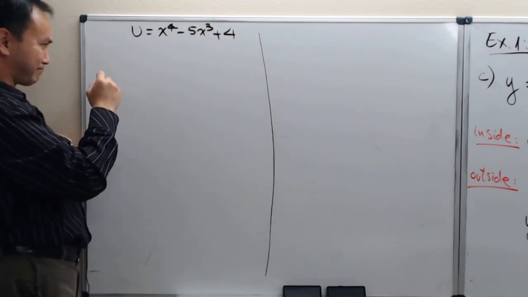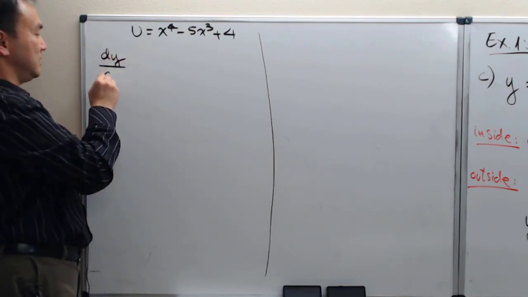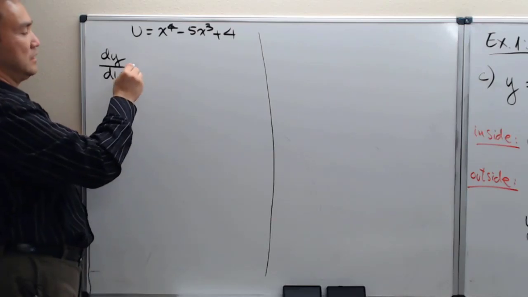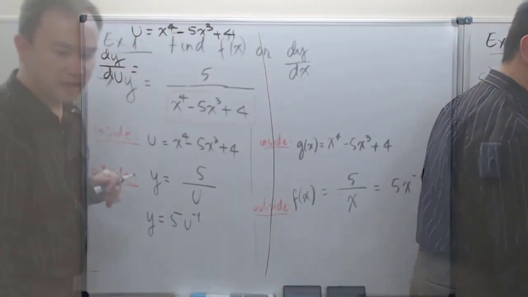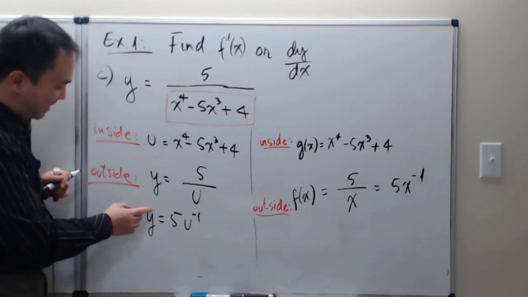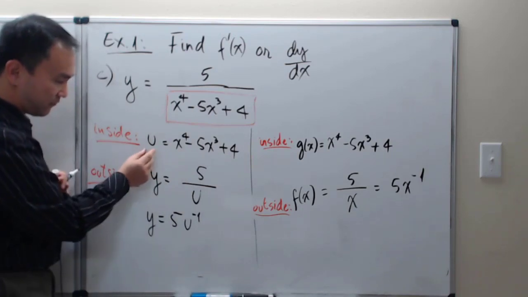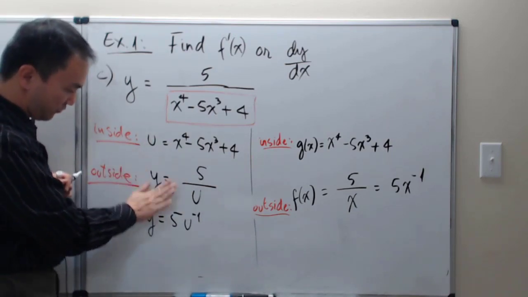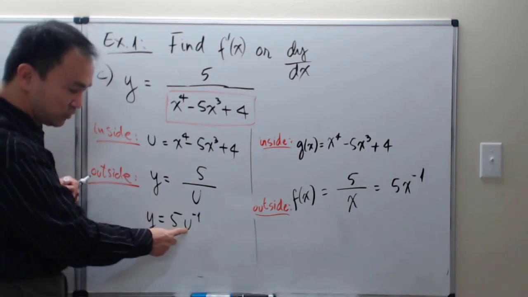Now dy du is going to be, recall, y as a function of u. After we recognized our inside function and substituted all that for a variable u, we recognized our outside function being y equals 5 times u to the negative 1.